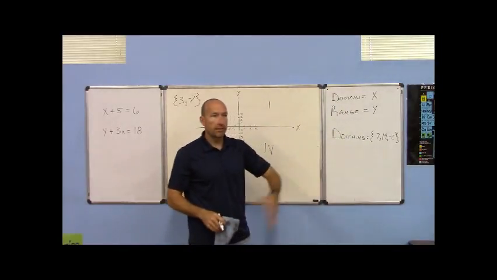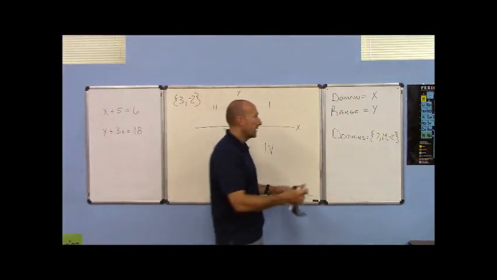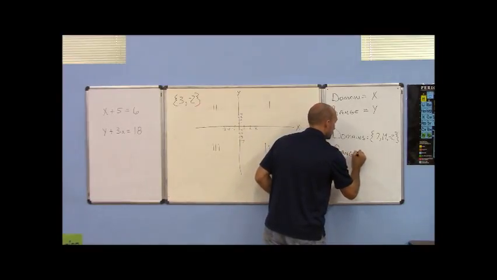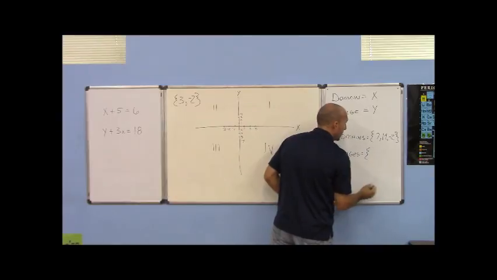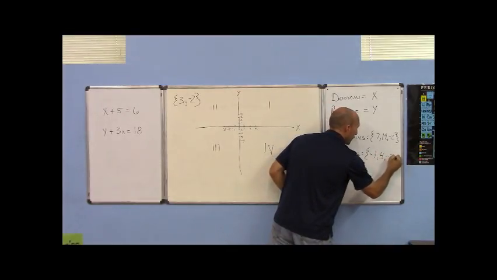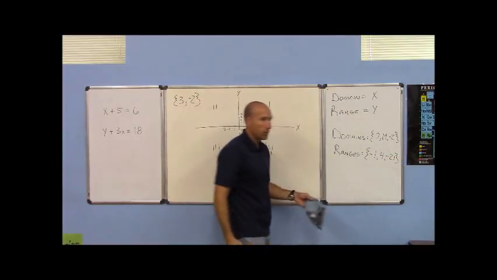Well, all of those are x values. Okay, and then they say your ranges are -1, 4, and -21. Well, those are your y values.